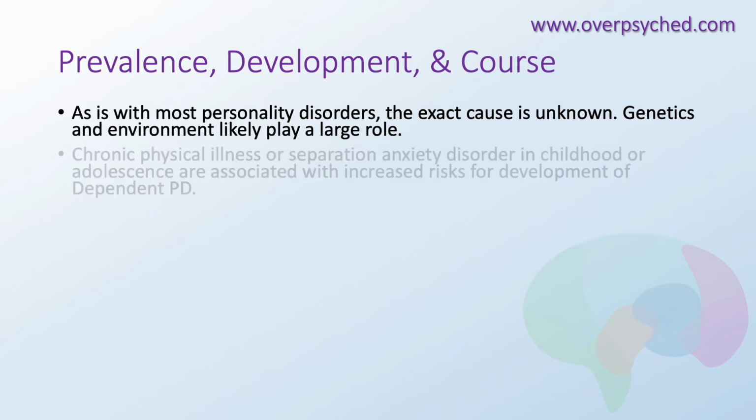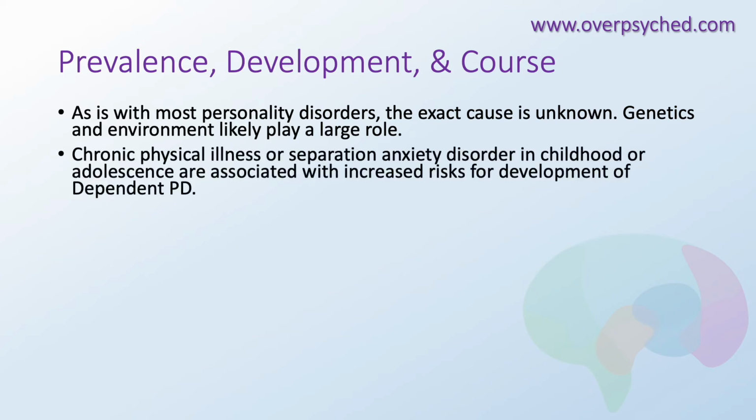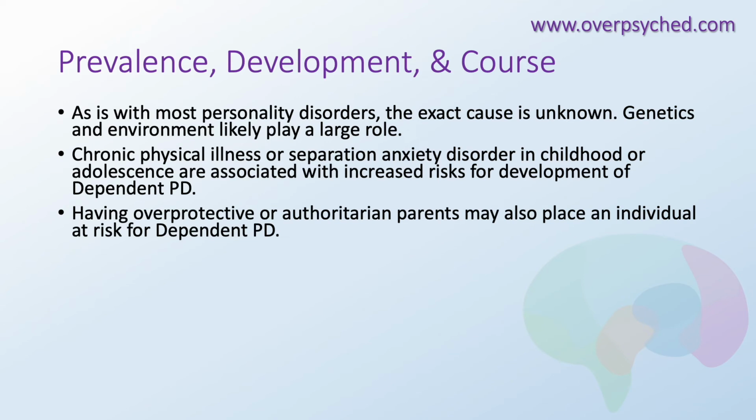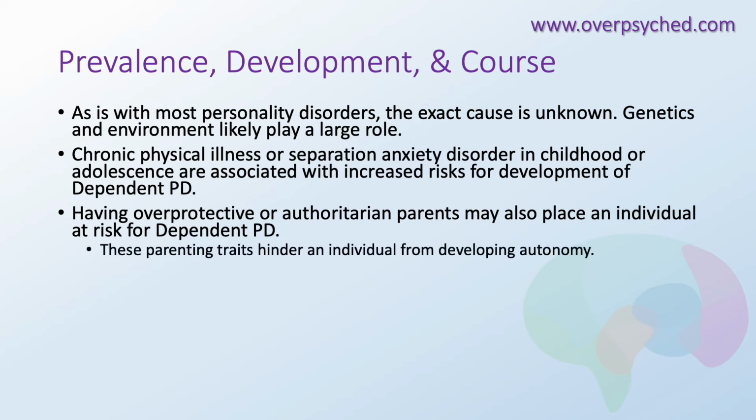Chronic physical illness or separation anxiety disorder in childhood or adolescence are associated with increased risks for development of dependent personality disorder. Also, having overprotective or authoritarian parents may place an individual at risk. These parenting traits hinder an individual from developing autonomy.